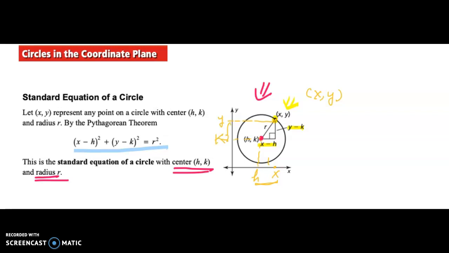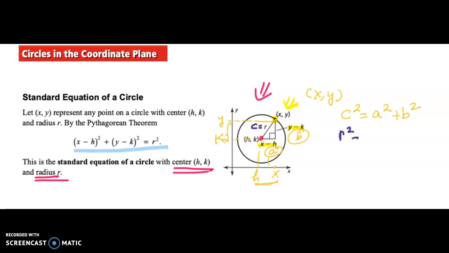So we basically use the Pythagorean theorem. It says the hypotenuse squared is the sum of the squares of the two legs. In this case, we can say the legs are A and B, and C is nothing but r, the radius. Let's plug everything in.